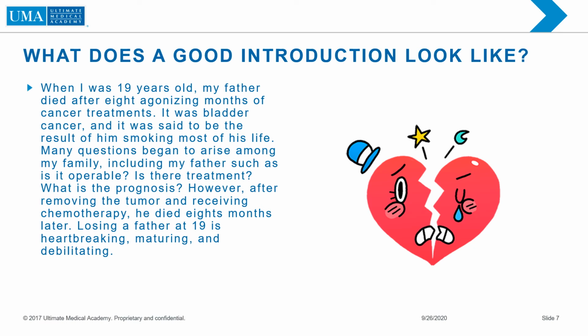It was bladder cancer, and it was said to be the result of him smoking most of his life. Now, well, let me read on until I get to my thesis, and we'll discuss how the background information is presented. Many questions began to arise among my family, including my father, such as, is it operable?